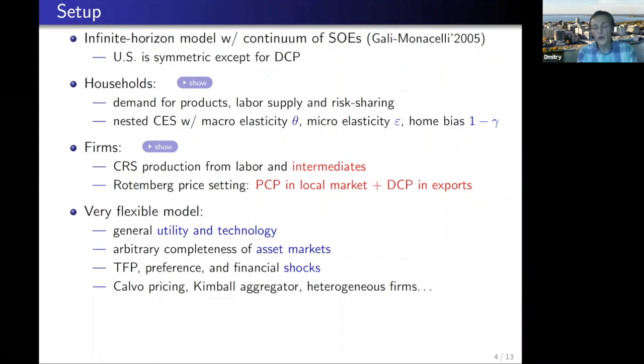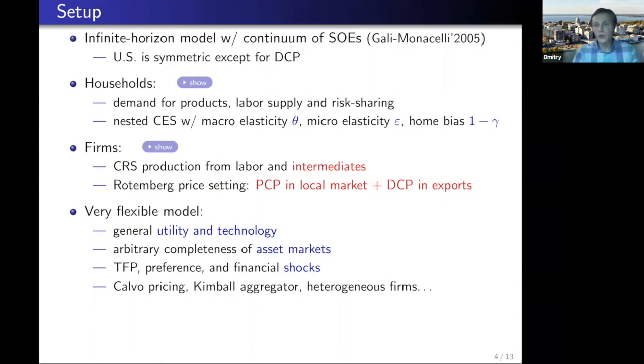We also allow for a rich set of shocks. There are productivity shocks, there are preference shocks, so households can switch between different goods and also change their consumption over time. And finally, there are financial shocks or wealth shocks in the country's budget constraints. One way to think about them is as terms of trade shocks, for example, changes in the prices of commodities. Finally, we can also extend the model in several directions.